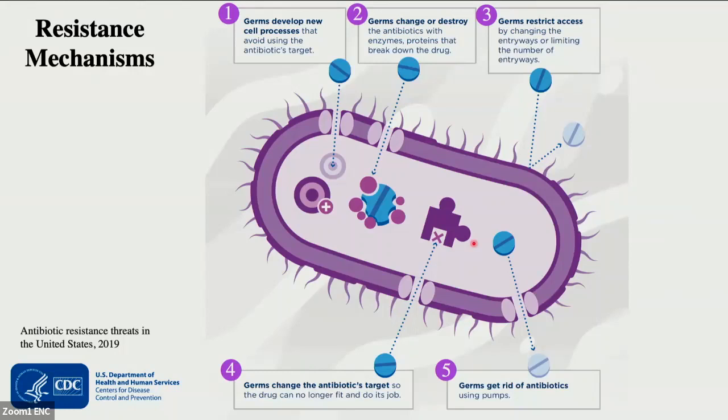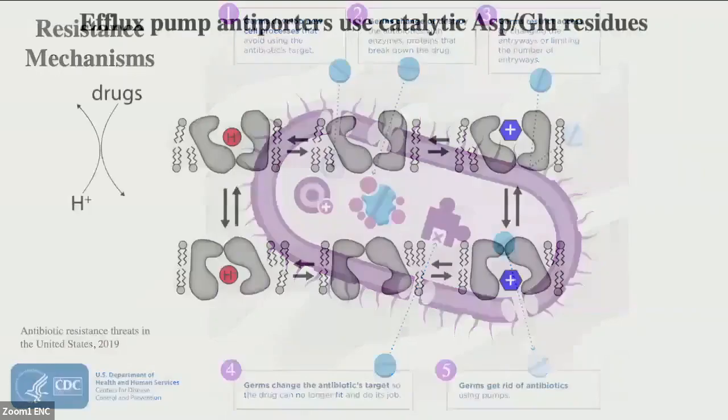And these efflux pumps are able to do something fairly simple. They transport antibiotics from the cytoplasm located in here out of the cell. And in the process, they lower the intracellular concentration of the antibiotic and therefore allow the organism to survive in a higher antibiotic concentration outside the cell. So these are membrane proteins that carry out transport of drugs.